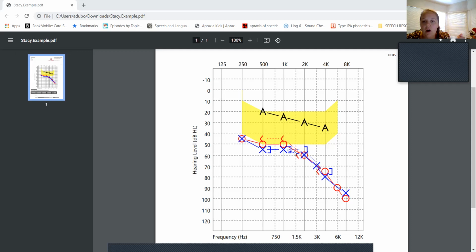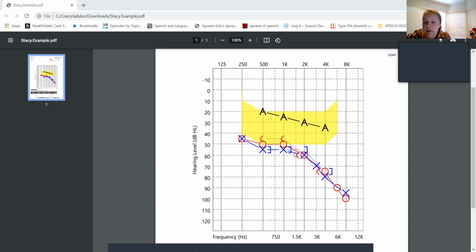Okay, and so all these markings, the red and the blue, are at the quietest that she could hear it. And so you can see that when we get to 2000 hertz and below, it had to be very loud for her to hear it without her hearing aids. So I told you earlier that 55 decibels was about what I'm talking at right now.